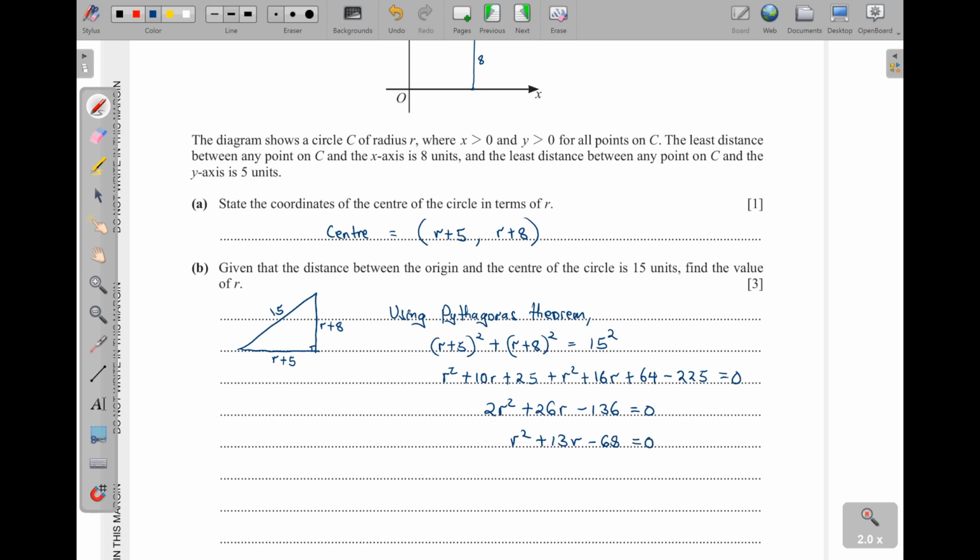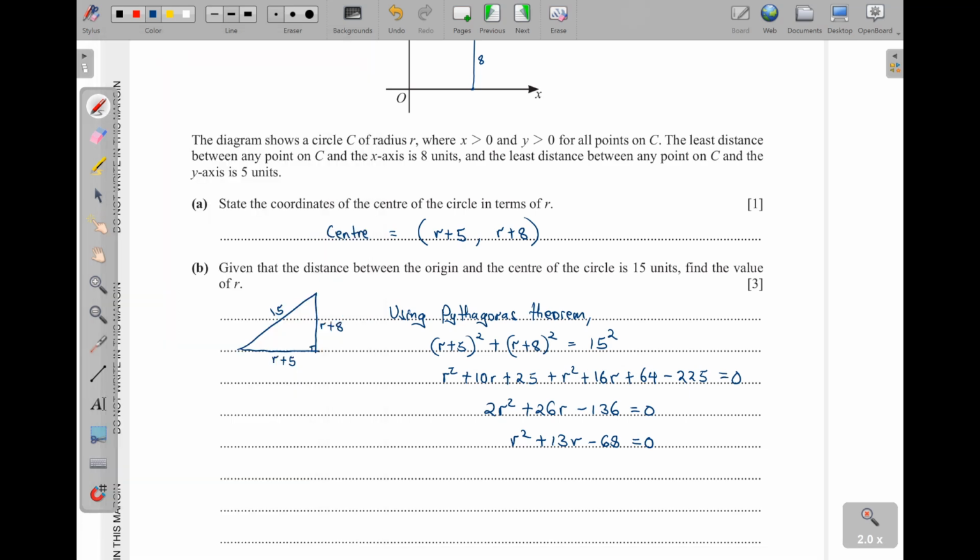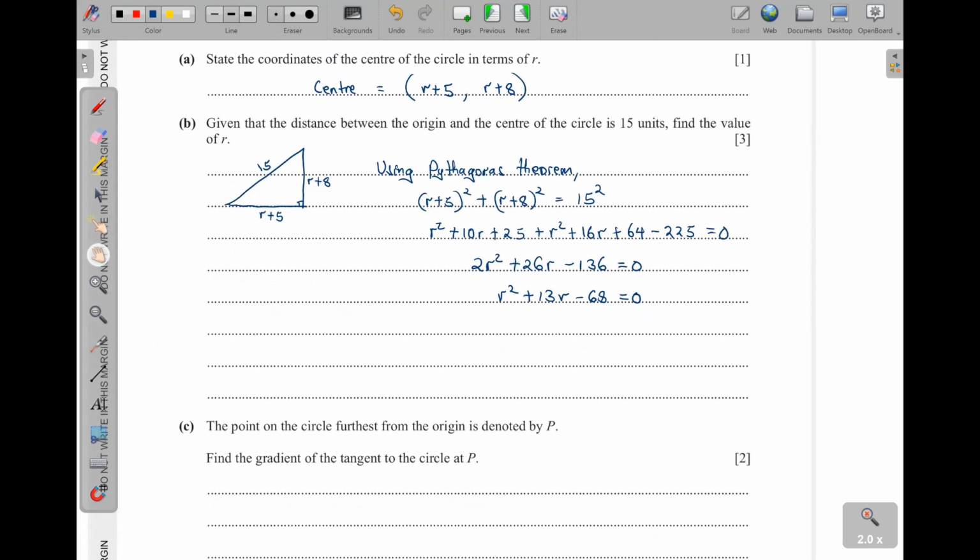Then I can put this in the calculator to solve it straight away. Mode, then equation, which is 5, then 3, that is quadratic. The coefficient of r squared is 1, the coefficient of r is 13, and the constant is negative 68. This gives us 4 and negative 17. So r equals 4 and r equals negative 17.